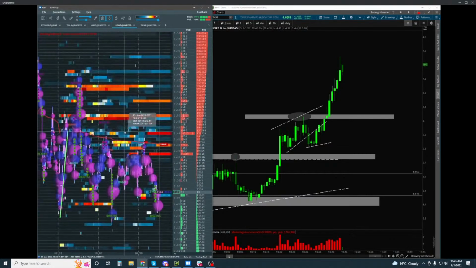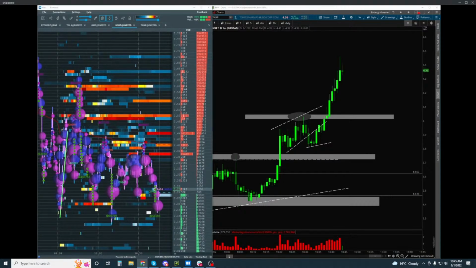Okay, now it went. So you can see the sweep indicator over here on these big washes. That's nice, I like it. Waiting for 480 on TNXP.